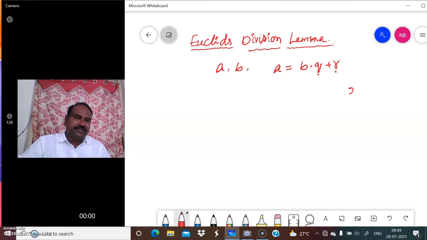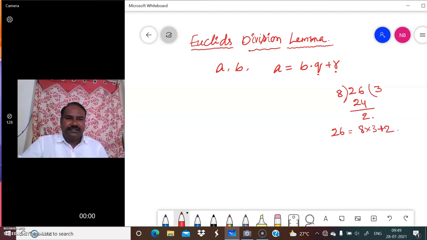Let us suppose here 26 is divided by 8. So 8 3s are 24, so 2 is the remainder. Now this can be written as 26 is equal to 8 into 3 plus 2 according to our division rule.